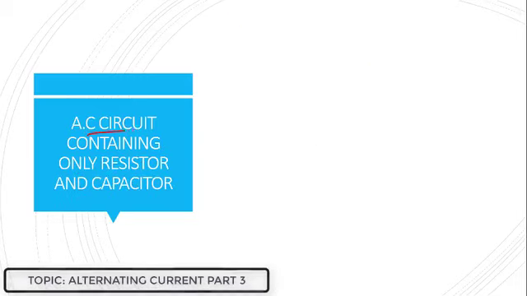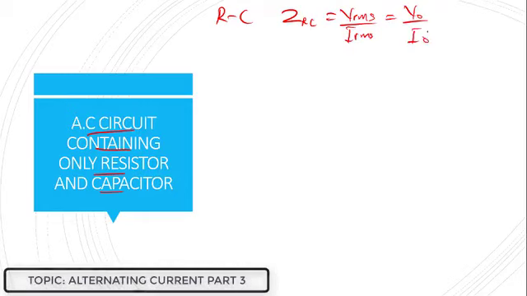Now let's talk about an AC circuit containing only a resistor and a capacitor. An AC circuit containing a resistor and a capacitor is called an RC circuit. This RC circuit also has an impedance, given by the RMS voltage over the RMS current, which is also the peak value of the voltage over the peak value of the current.